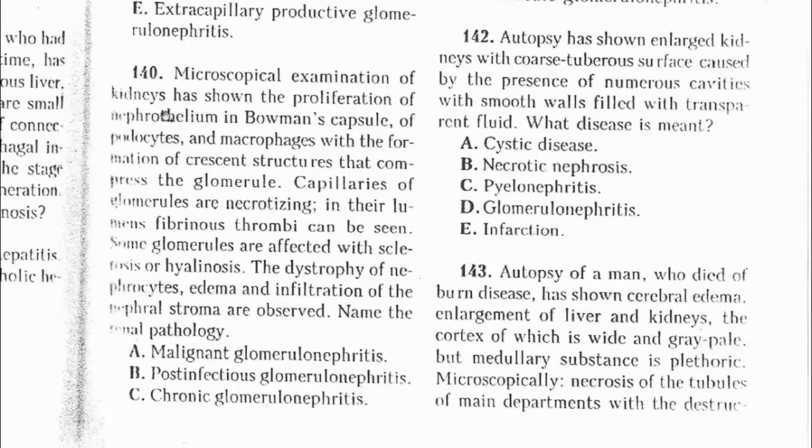Microscopical examination of the kidneys has shown the proliferation of nephrothelium in Bowman's capsule, of podocytes and macrophages with formation of crescent structures that compress the glomeruli. Capillaries of glomeruli are necrotizing, their lumens fibrinoid, with dystrophy of the podocytes. Name the renal pathology.